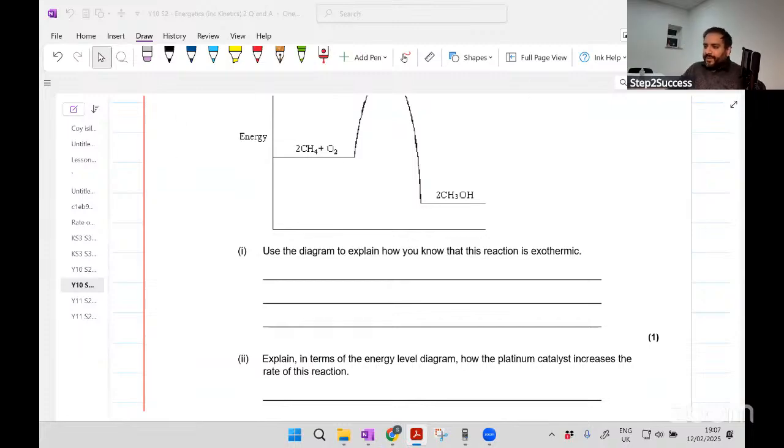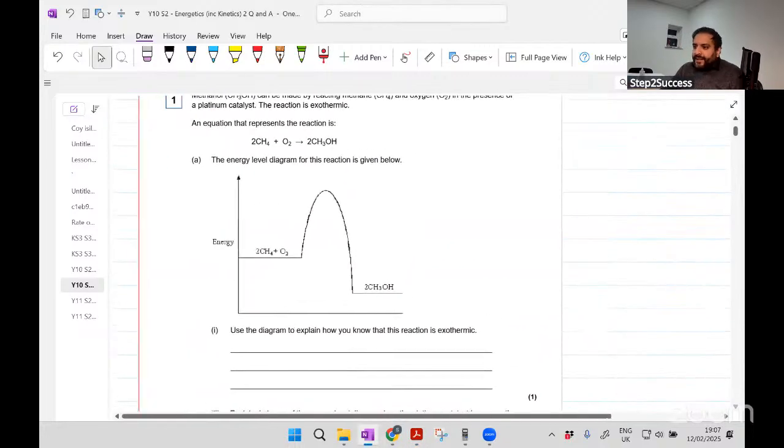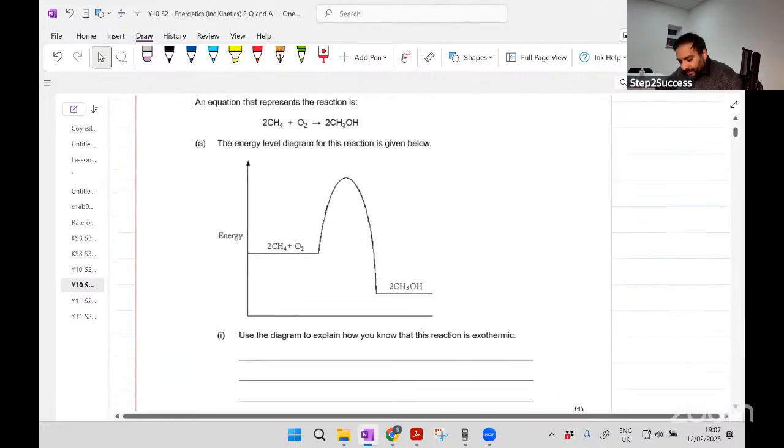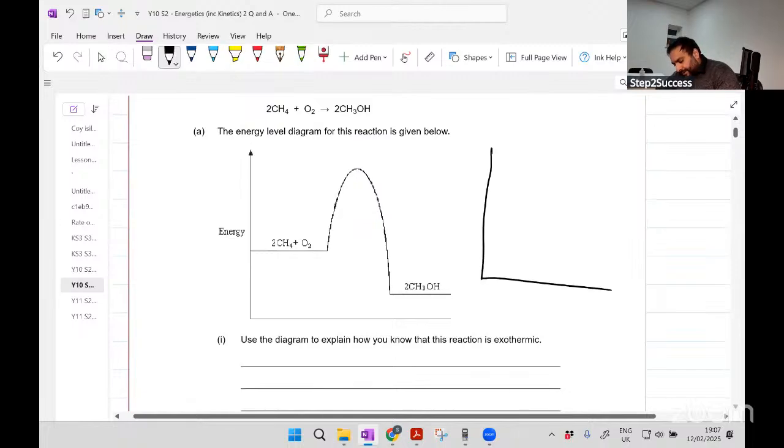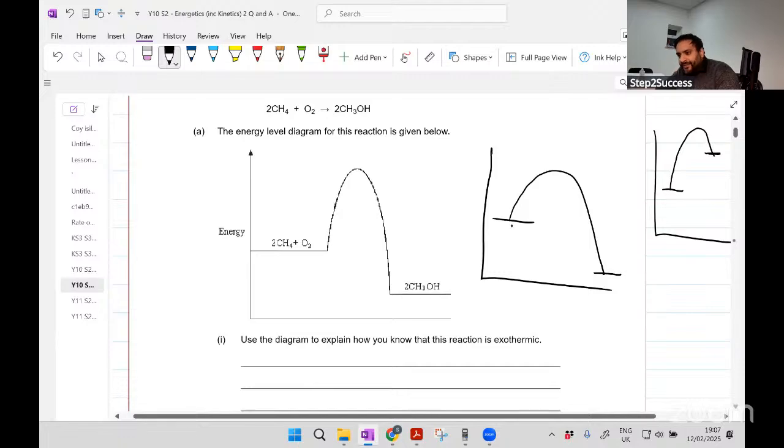How do you know that the reaction is exothermic? When you look at these graphs, just to put it very simply, an exothermic reaction graph should look like that, and an endothermic graph should look like that. In other words, in an exothermic, as you go left to right, you go down, that's exo, and as you go left to right, you go up if it is endo.